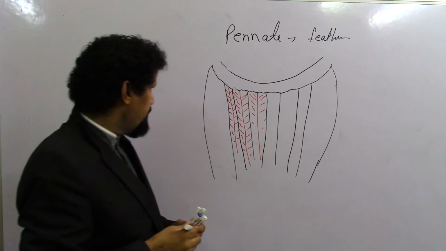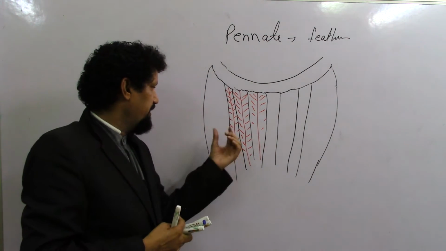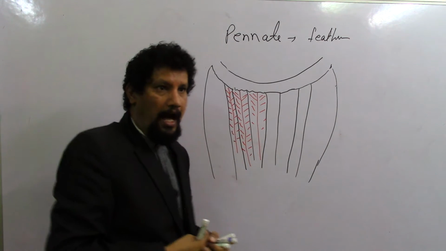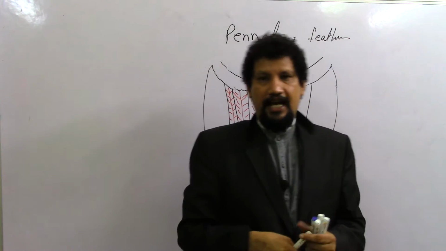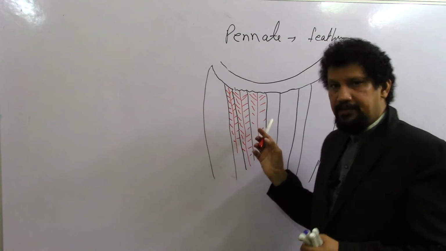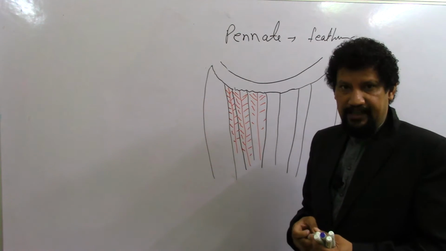This type of arrangement, multiple feather-like arrangement, is known as multipinnate. This type of arrangement is seen in the deltoid and subscapularis muscle.